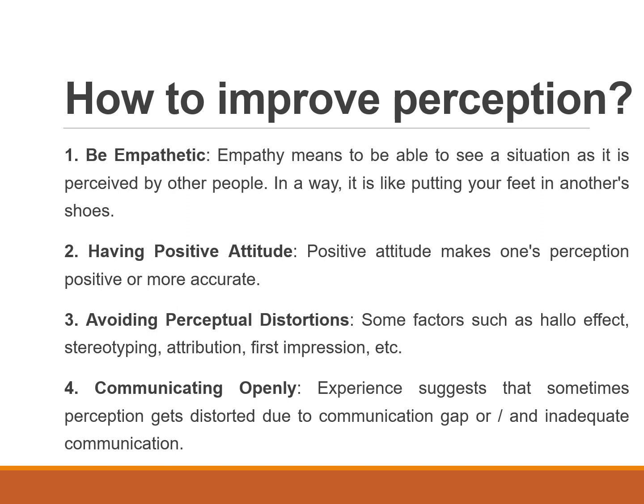The fourth factor is communicating openly. We can ask, why were you absent yesterday? Why are you coming late every day? So we can openly ask. Then we can understand the situation and the reality. So without considering the reality, managers cannot make the decision.